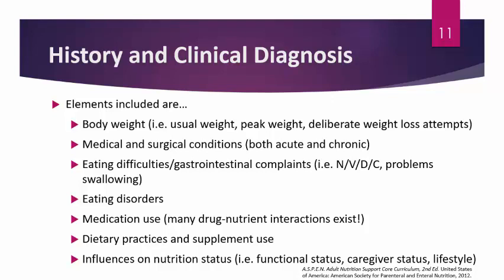Certain dietary practices and supplement use are very important to talk about with your patients if possible, because that may actually influence their current dietary status and nutritional status. And then any kind of other influence on nutritional status, such as their functional status. Are they able to walk around? Are they able to feed themselves? Do they need a caregiver to give them food or to feed them?